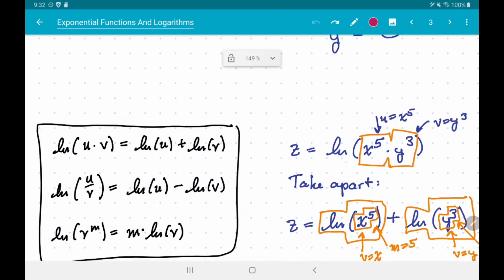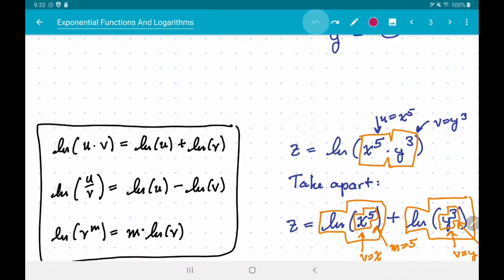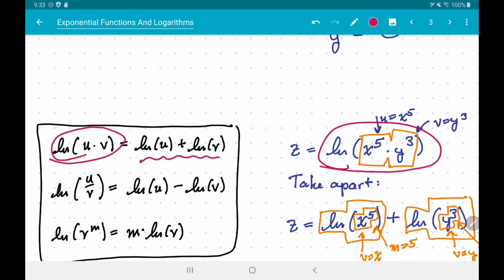For example, this one was where we started, and we used the equation here, and we rewrote the matching part of our formula in progress according to this. All right, so once again, we matched part of the formula that we're working on to the formula over here and rewrote that part using the right-hand side.